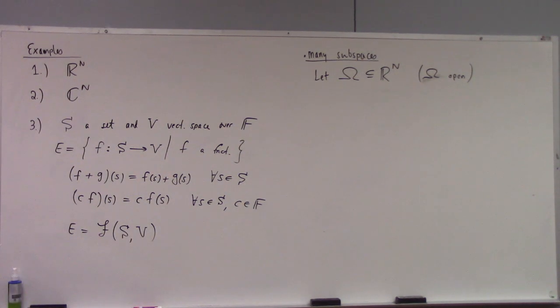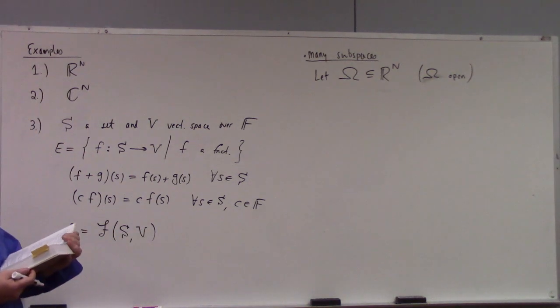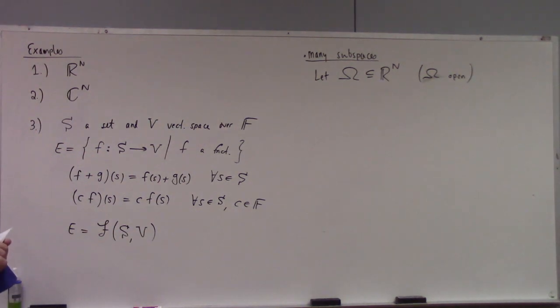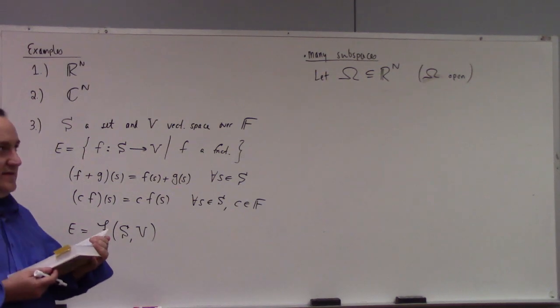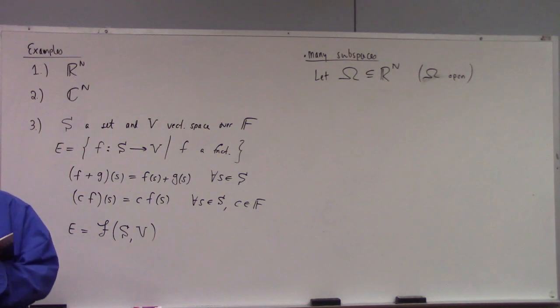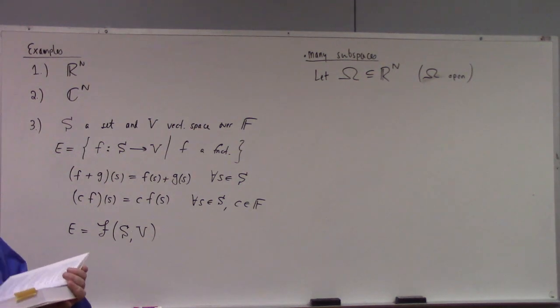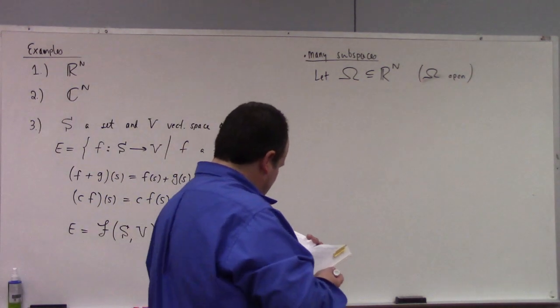Your real analysis might have just been in R. Okay, so what it means for a set to be open in R^n is that each point in omega is an interior point, which is to say that you can find an epsilon ball around that point with respect to the Euclidean notion of distance. I think he gets to this stuff later. I think he just wants his example now, and he'll get back to defining open later, maybe. Or not, I don't know.